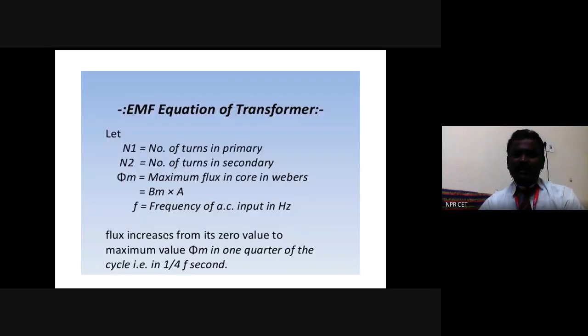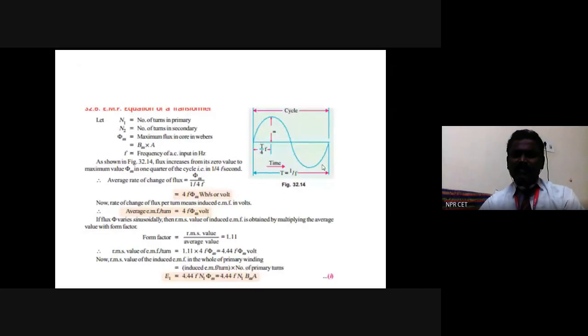You see the sinusoidal waveform. The sinusoidal waveform is an alternating waveform. The flux waveform is alternating in nature, so it changes from 0 to positive maximum, again 0, then negative maximum, then 0. So it varies alternately; this is the alternating flux. So the flux changes, and the EMF also changes, right?